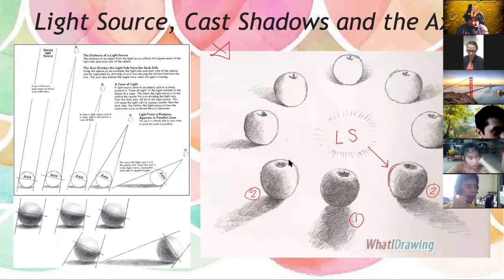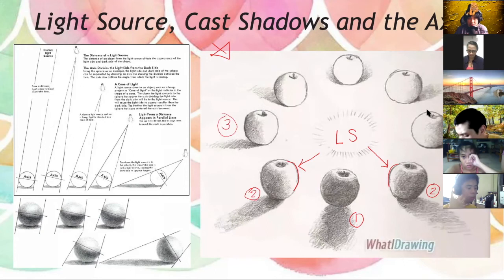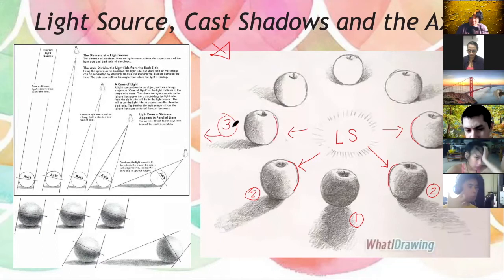And then in this apple, nandito naman yung highlight niya kasi ito yung area facing the light source. So, same for apple number 3. Dito ang highlight because of the light source and also yung shadow nandito, right? And same lang, nandito yung highlight for apple number 4.